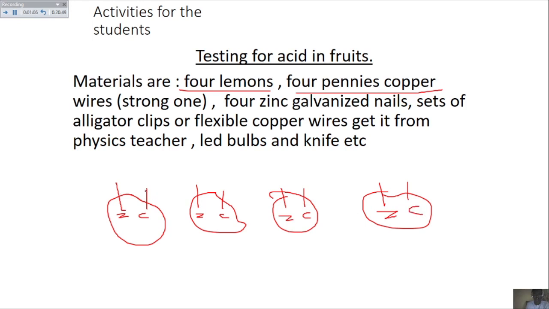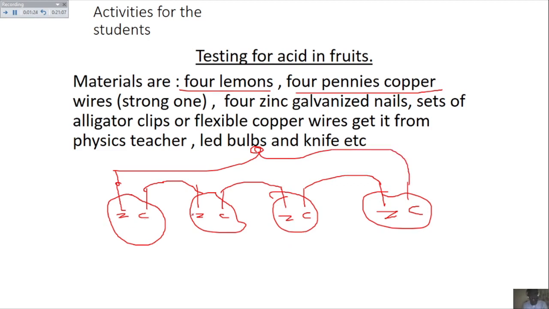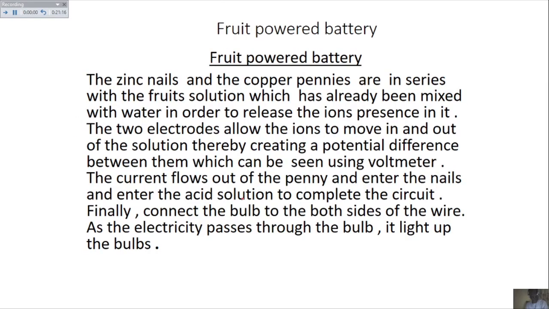Then the connection will be like this. You connect this one to this, you connect this one to this, then you connect this one to your bulb and connect it to this particular one. Therefore, in this particular case, the bulb will light up. Make sure you do the activities or you watch it on our YouTube page.